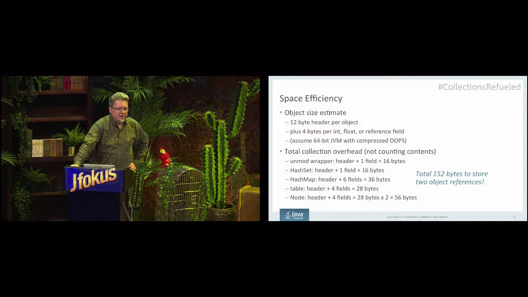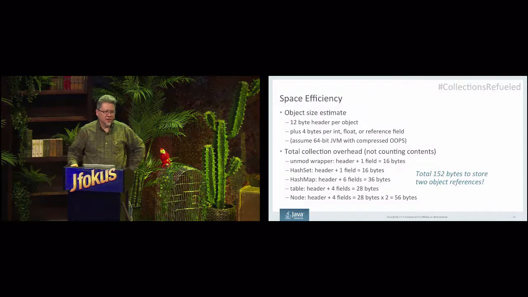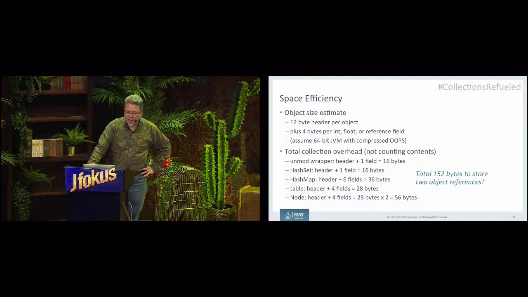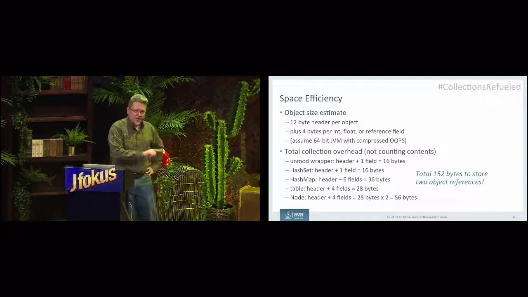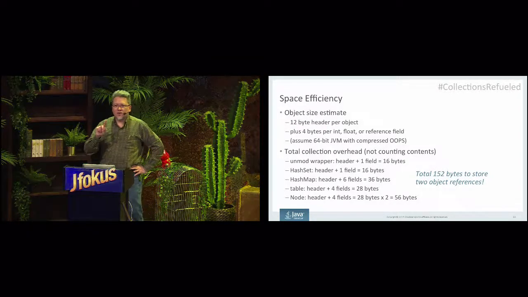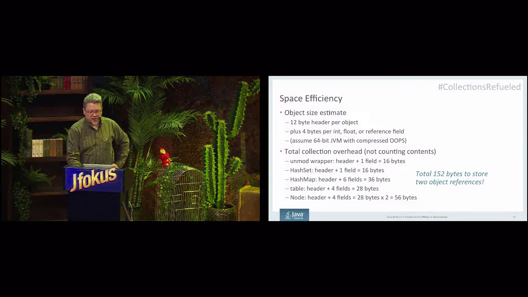And then 4 bytes for each reference field or primitive for most of them, and then doubles and longs take 8 bytes. So if you add these all up, storing 2 strings in an unmodifiable hash set takes 152 bytes. And this is not actually counting the strings themselves. This is pure overhead for the set data structure itself. And this is surprisingly large.